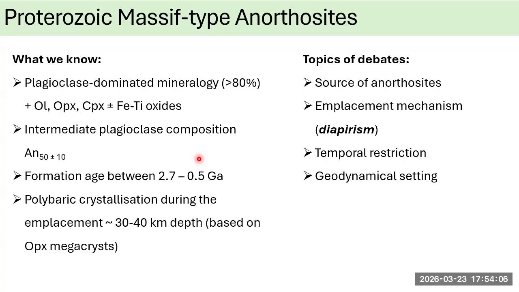Plagioclase is a very light mineral with very low density, so it's buoyant, and my colleagues imagine that they rise as big blobs of magma to their final destination. We debate why they occur only during Proterozoic time, and in which type of geodynamic settings.